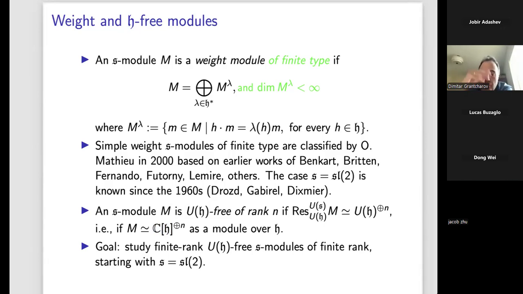Now, before we continue, a word of warning. There is certainly a result on the classification of all simple SL2 modules. This is a famous result in the 80s of last century by Richard Bloch.